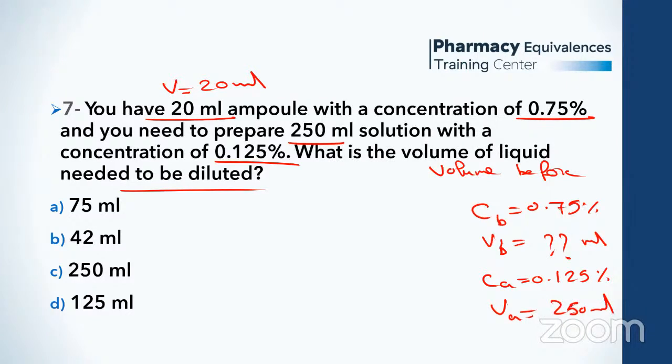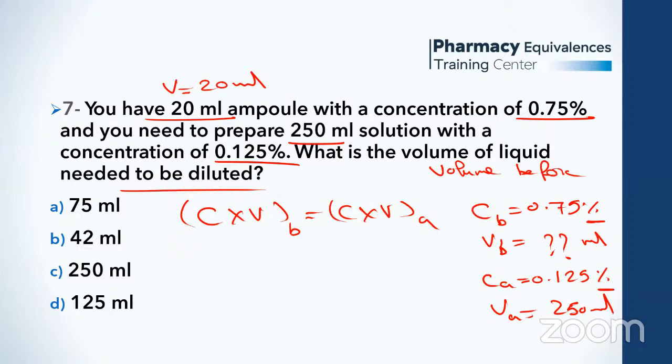So how can we solve? We have the formula saying that C multiplied by V before equals C multiplied by V after. It's a very direct dilution problem. But before using the formula, as we mentioned in our lectures, you should check the units. Unit of concentration should be similar, which is present.